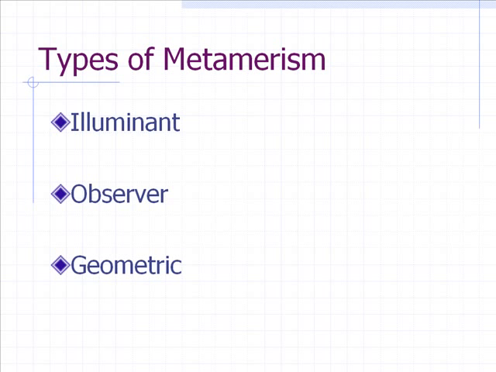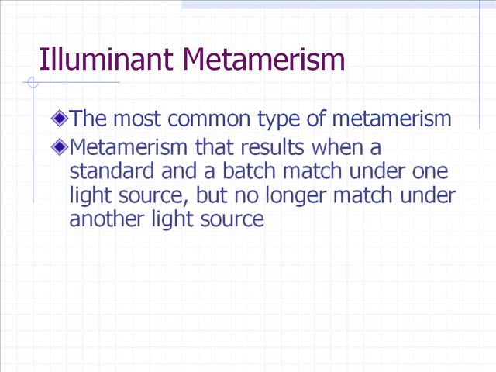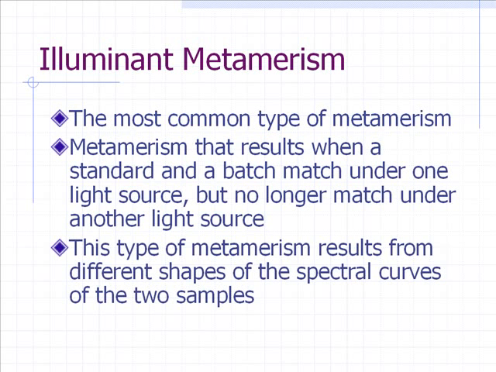Illuminant metamerism is the most common and really the one we're interested in when we're doing color matching. It results when a standard and batch match under one light source, but not under another light source. Happens all the time. This is the result of spectral curves that have two different shapes. If they don't have the same shape, you will have metamerism.